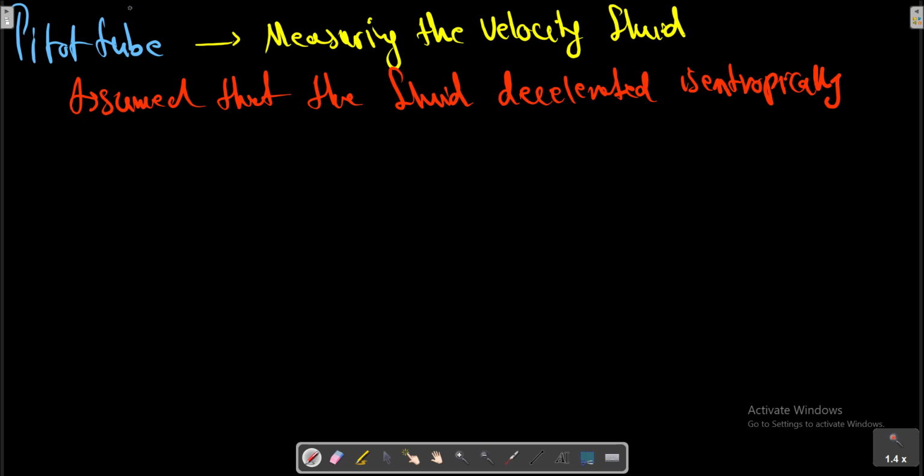Applying the first law to this process, we can write h, if we assume incompressible flow for this isentropic process.